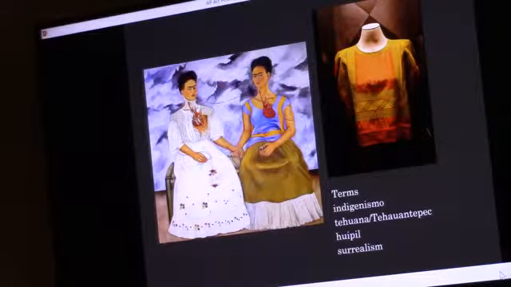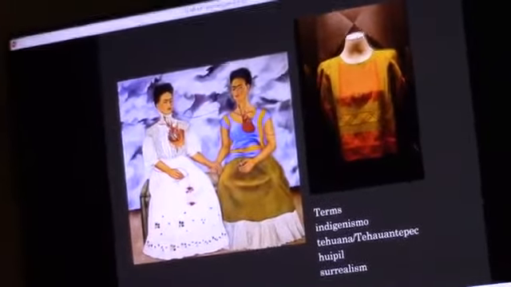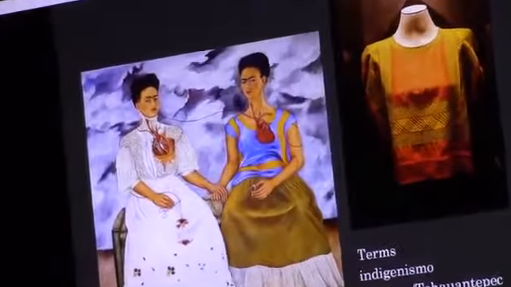What's interesting is that it's a double self-portrait, and they're attached to each other in two ways. One is that they're holding hands, but another is, if you look closely, there's a vein connecting the two exposed hearts.